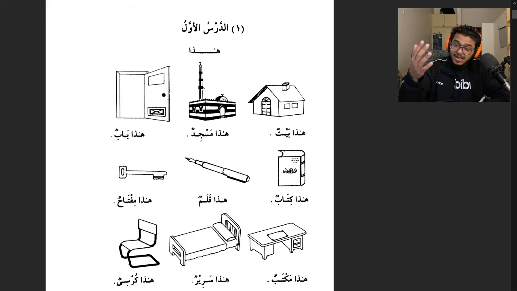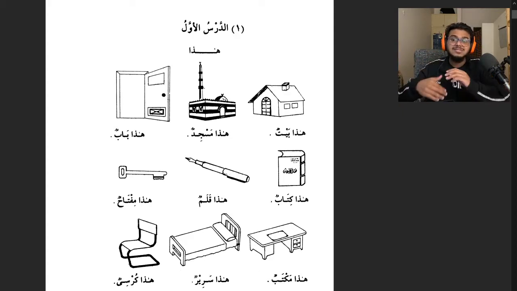By human beings, we don't mean only rajulun, imra'atun, ibnun, bintun, but all those words which are associated with human beings. For example, muhandisun. Who could be a muhandis? Can a cat be a muhandis? Or can a cow be a muhandis? Muhandisun means engineer, right? You already know that.